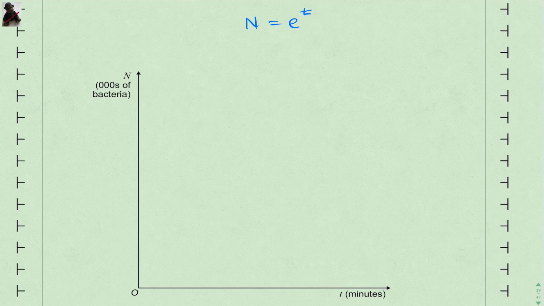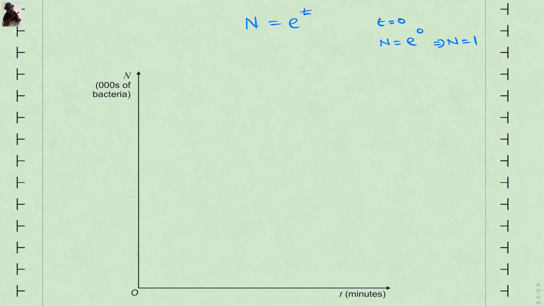So when t equals 0, that's what they're asking you to do, find the value of n. So n equals e to the power of 0. Anything to the power of 0 equals 1. So n equals 1, because e to the power of 0 is 1.